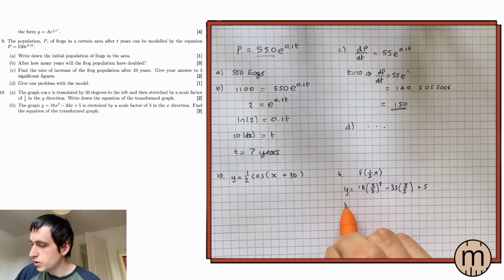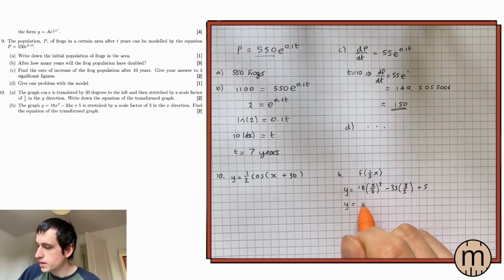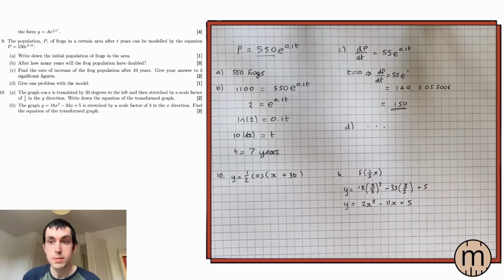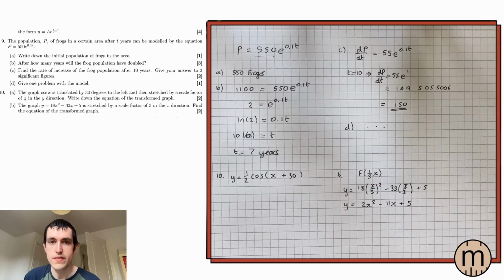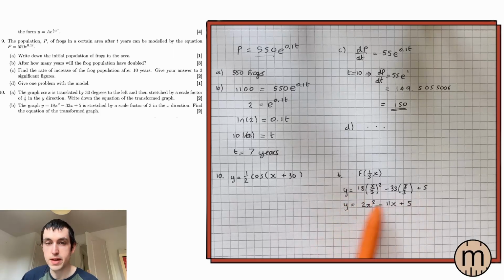And I wrote this question, so I'm not saying you have to simplify, but I probably would. So I'm going to get 2x squared minus 11x plus 5 in this case. If it was stretched in the y direction, all you do is times everything by 3. But because it's in the x direction, you take each x, divide each x by 3, and then simplify it if you want.